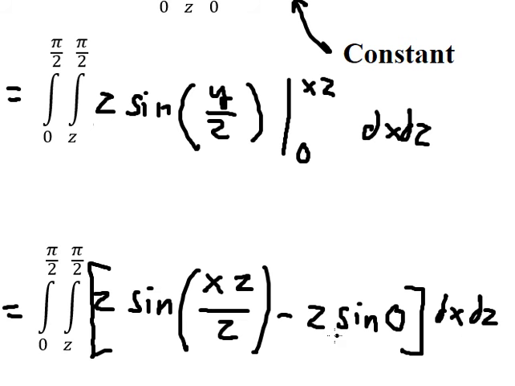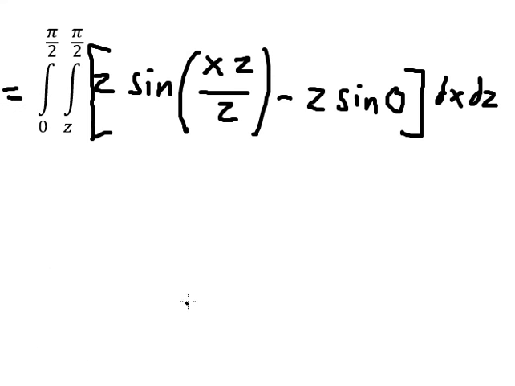Sine of number 0, you get 0. Z divided by z, we have number 1.